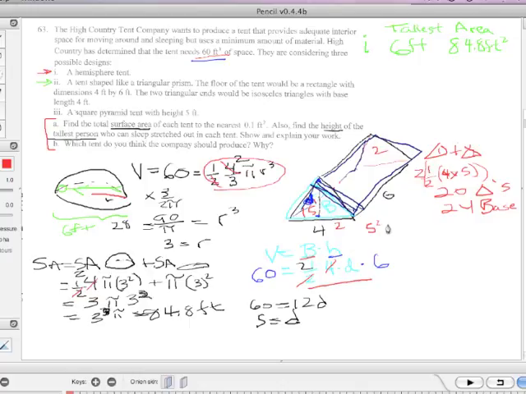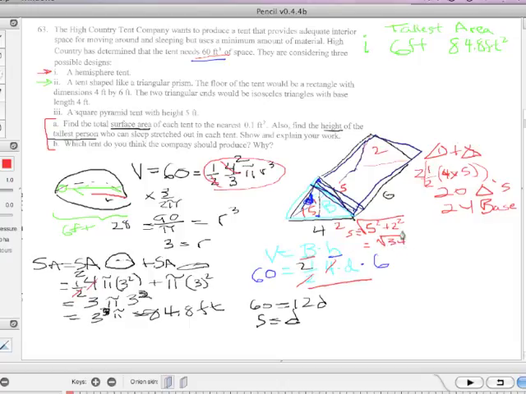So that's just the Pythagorean Theorem. I'm going to call that S. It's kind of like a slant. S is equal to the square root of 5 squared plus 2 squared. That's 25 plus 9, so square root of 34.